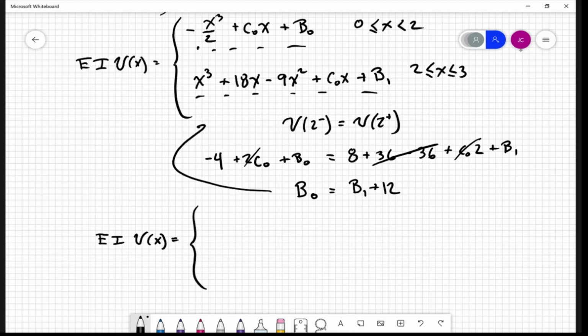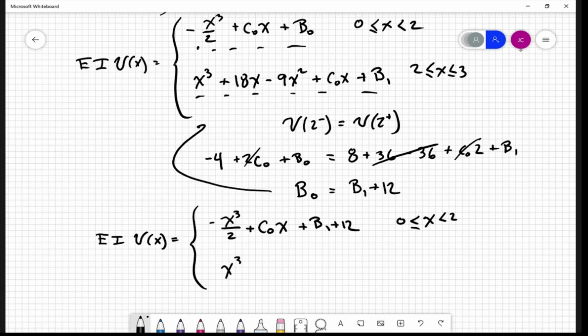For the first term, we are going to get minus x cubed over 2 plus C0x plus B0. So let's put in there B1 plus 12. And that's, again, from 0 to 2.